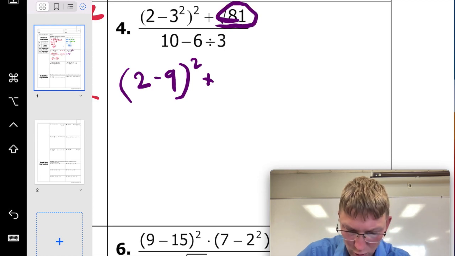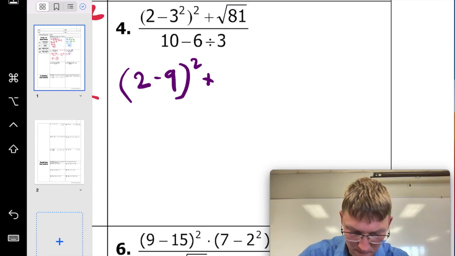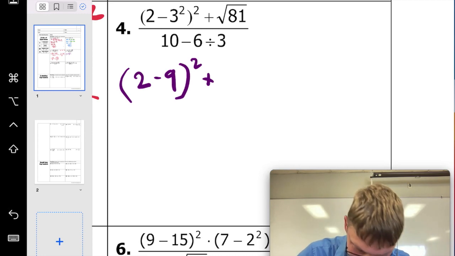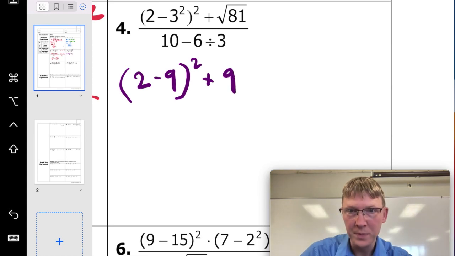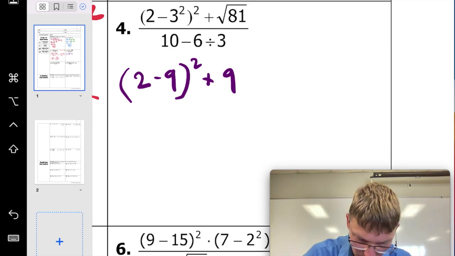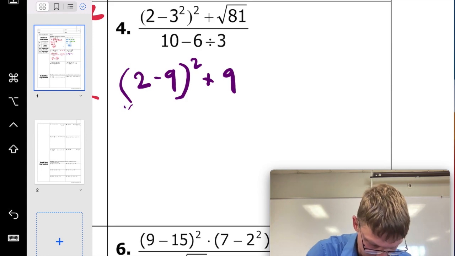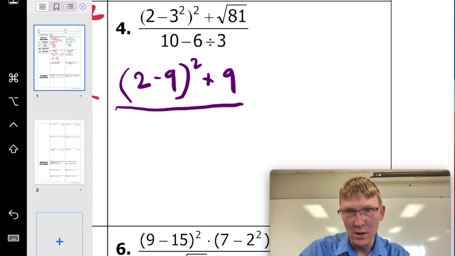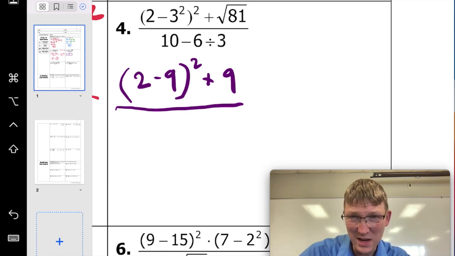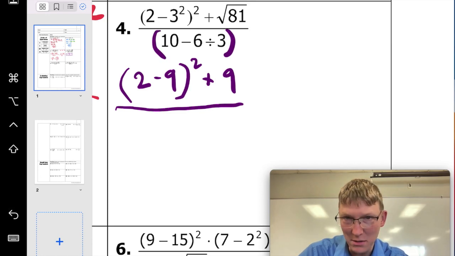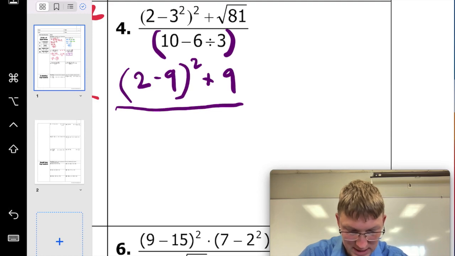This is another grouping symbol, the square root of 81. Square root of 81 is 9. If you don't believe me, use your calculator. Again, that's another grouping symbol, so that's why we're going to do that one. So then underneath, in the denominator, we can put a grouping symbol right there, if that helps you conceptualize a little bit.